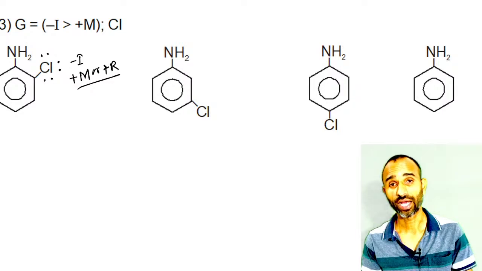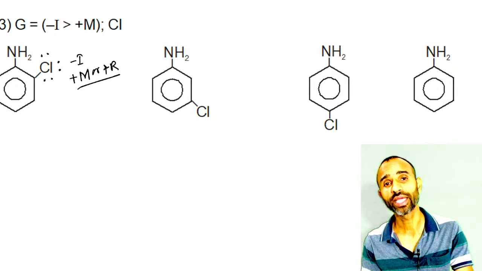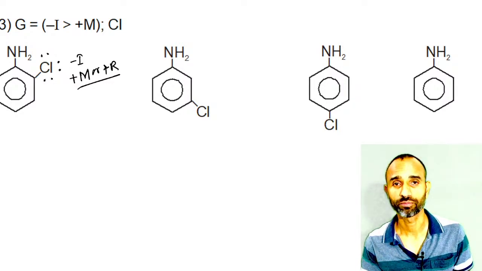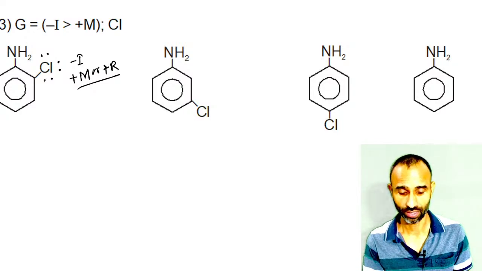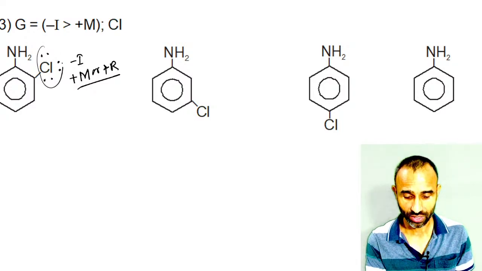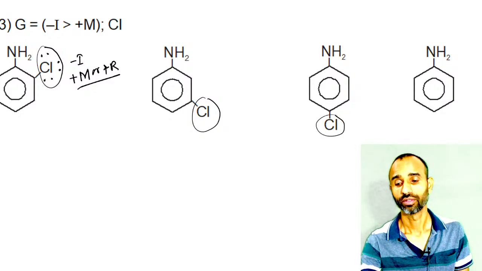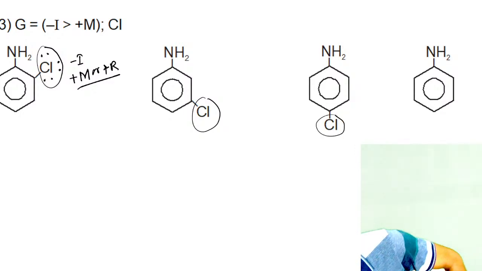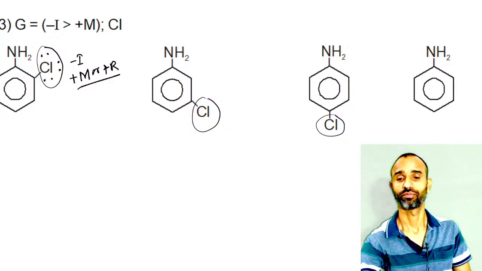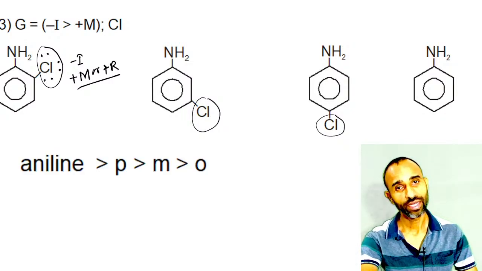But in halogens, minus I is dominating over plus R, and that's why the minus I effect decides the basic strength. So that is the same. Aniline.